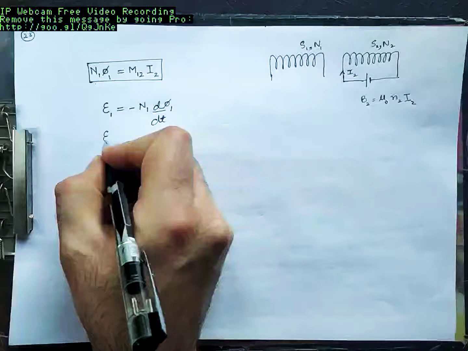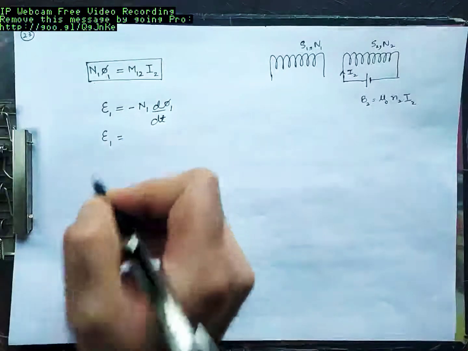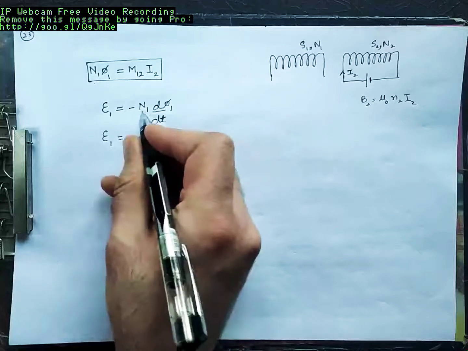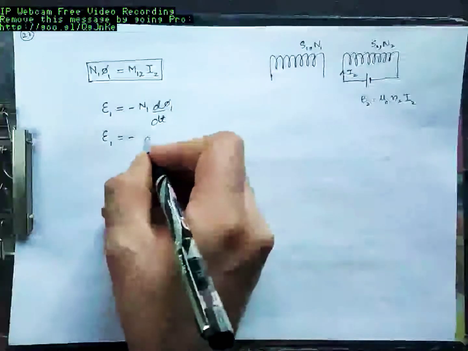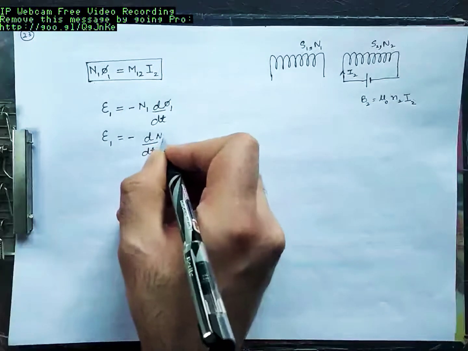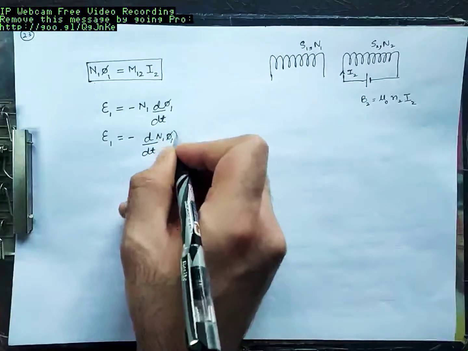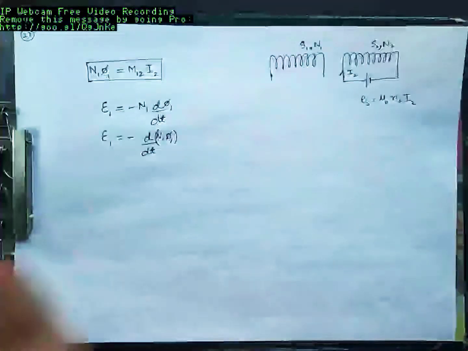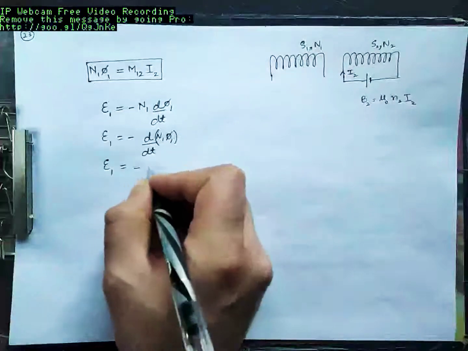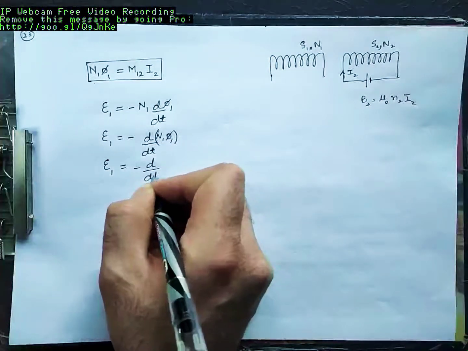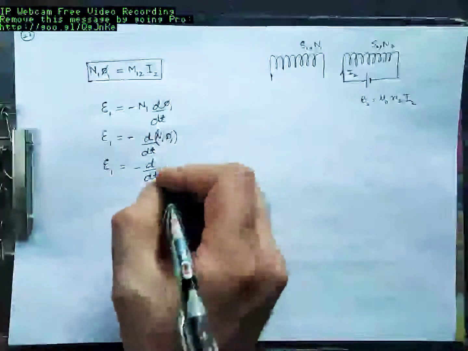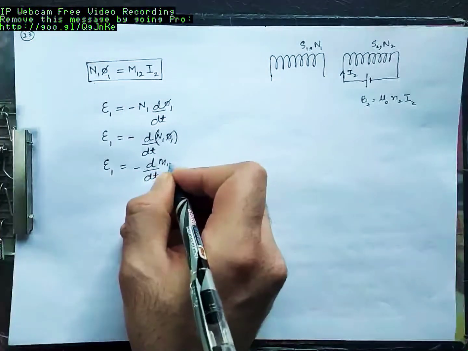Or I can make a slight change, keep the minus as it is, take this N1 inside, so this becomes d by dt of N1 phi 1. So E1 is equal to minus d by dt of N1 phi 1, and we know this is now M12 I2.